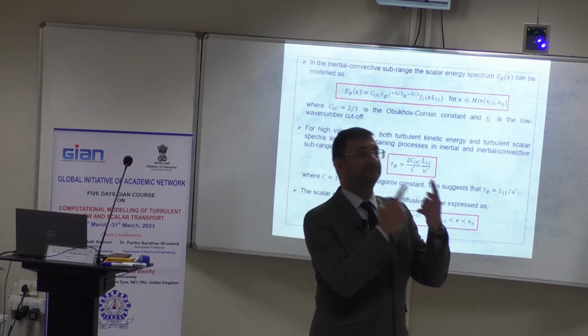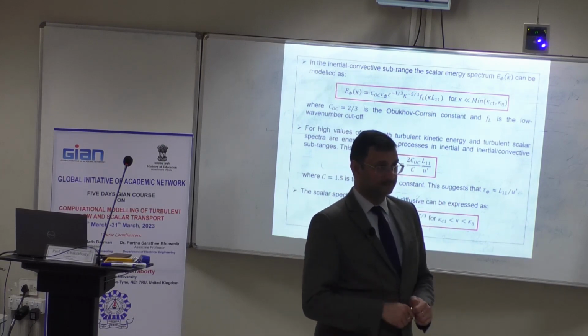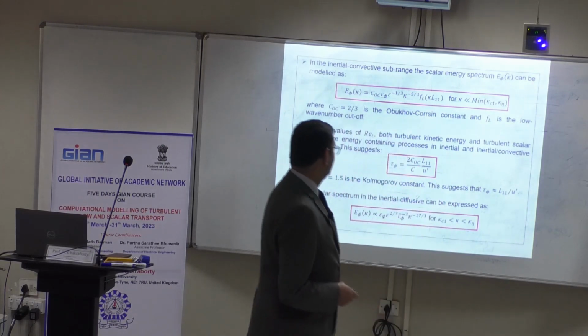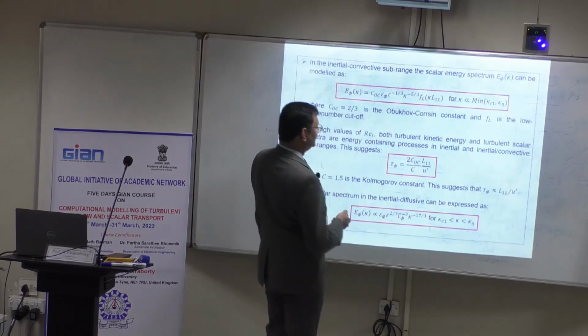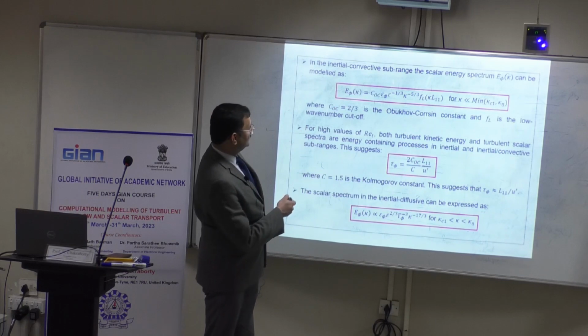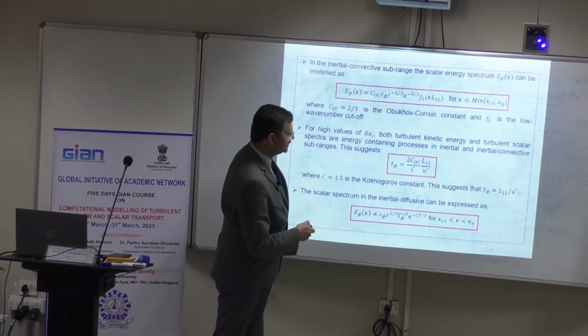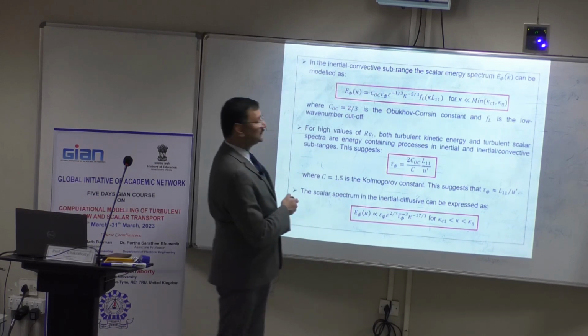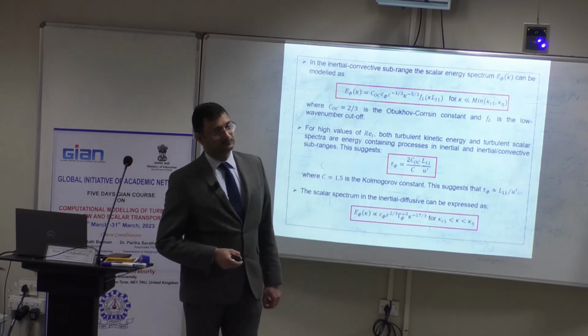They are of the same order. Obviously, the values are different. The theoretical value for this is called the Obukhov-Corrsin constant, which is 2/3. 2 times 2/3 gives you 4/3.